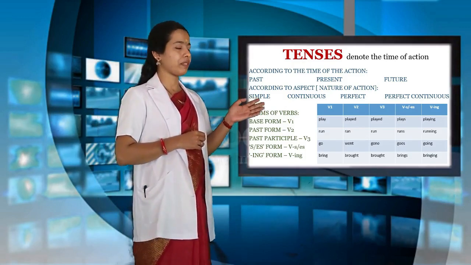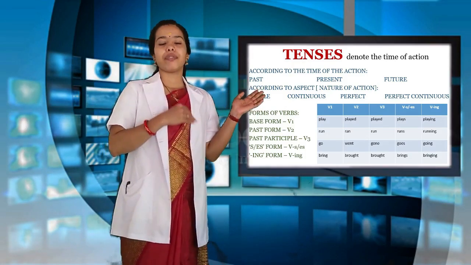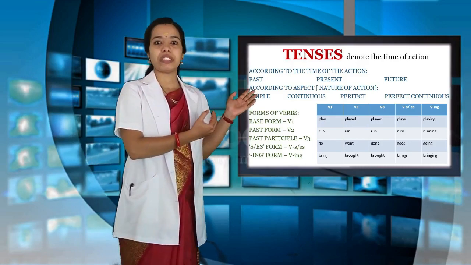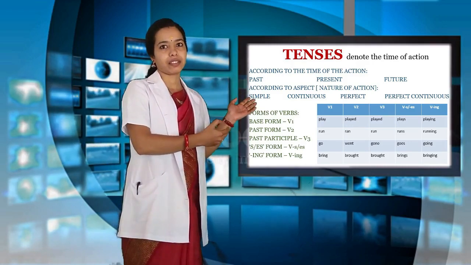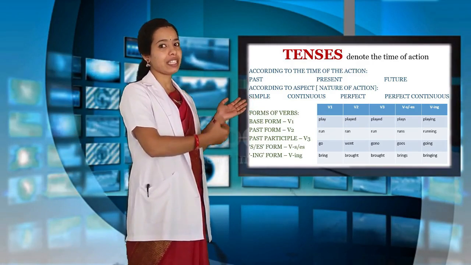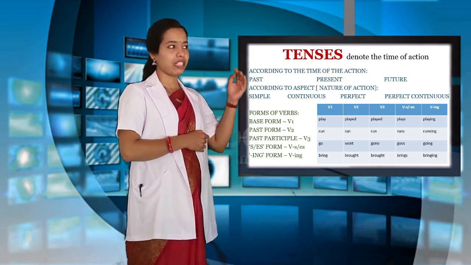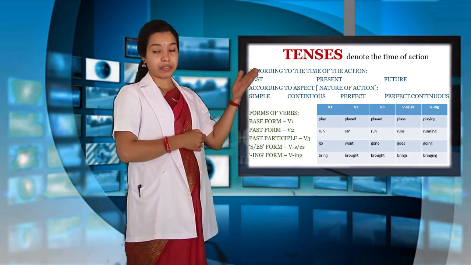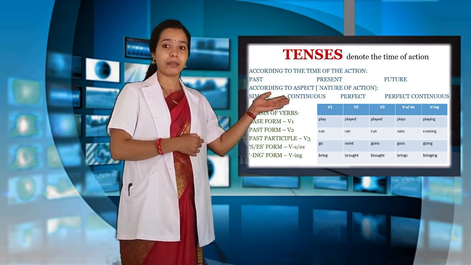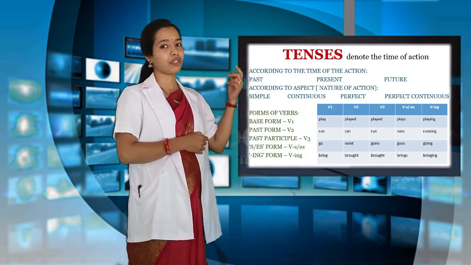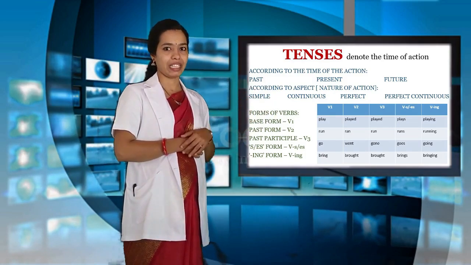For example, play. When you change it to simple past, V2, it is played, and past participle V3 is again played. If you change it to the S or ES form, it becomes plays, and if you add ing, it becomes playing.